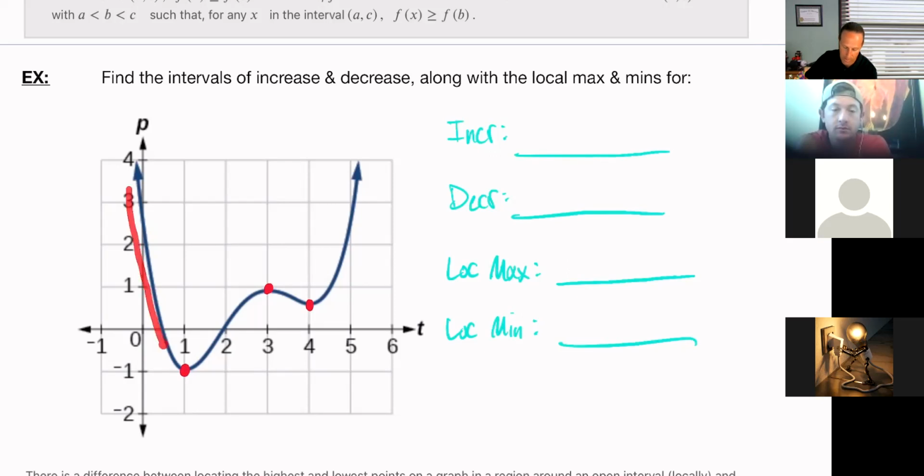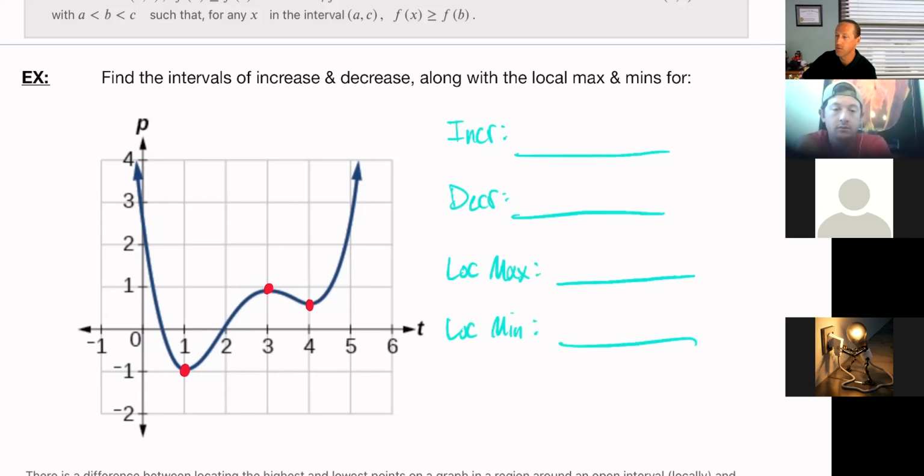At this point, it was decreasing until we got to here, then it started to increase. And then at this point, it was increasing and then it started to decrease. And then at that point, decrease changed to increase, which means what are each one of those 3 things? Local maxima or minima.